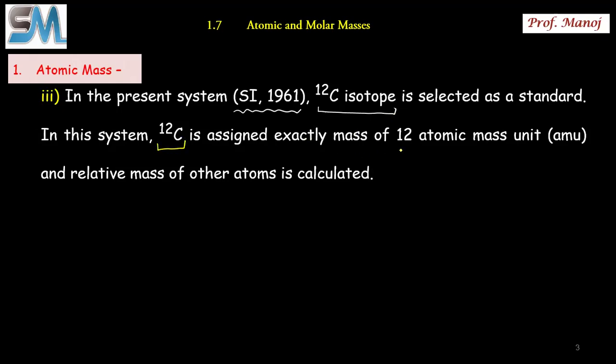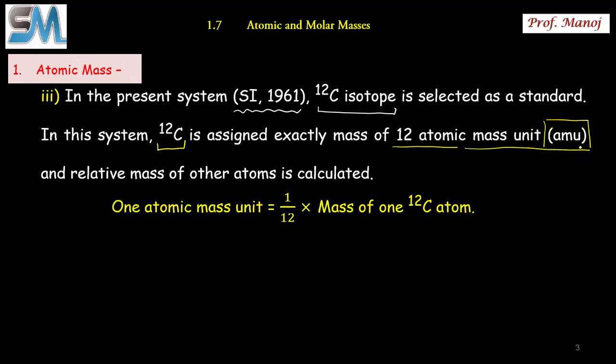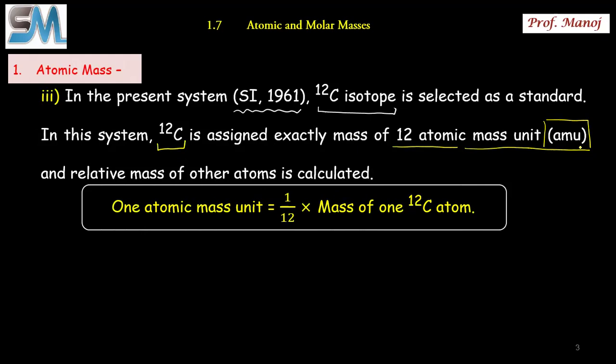This carbon 12 is now assigned a mass of 12 atomic mass unit, usually called AMU. The question is, what is AMU? How do we define it? It is defined as 1 atomic mass unit equal to 1 upon 12 the mass of 1 carbon 12 atom.